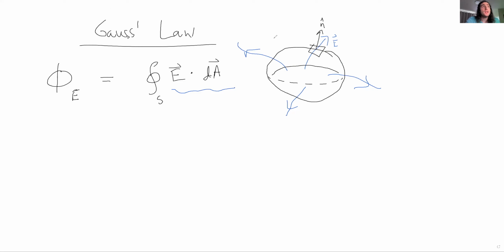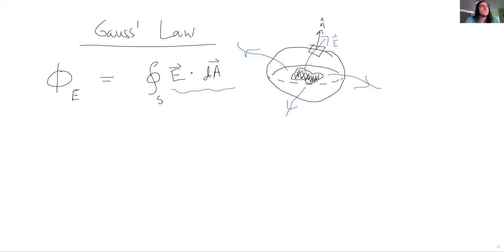Now, it's pretty clear from this picture to me, maybe it's not clear to you guys, that there must be some charge distribution inside of this sphere. Can anybody tell us why there has to be some charge distribution inside of this sphere here? Can anybody explain that to us?